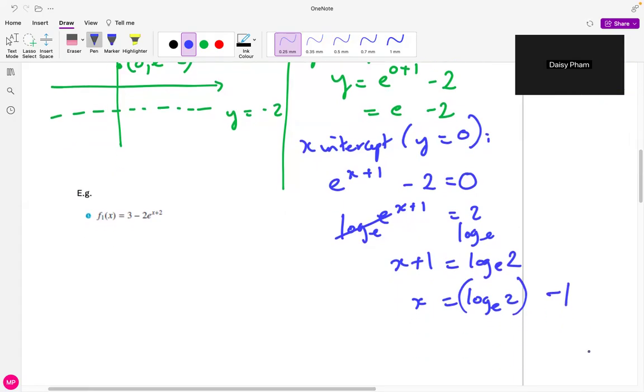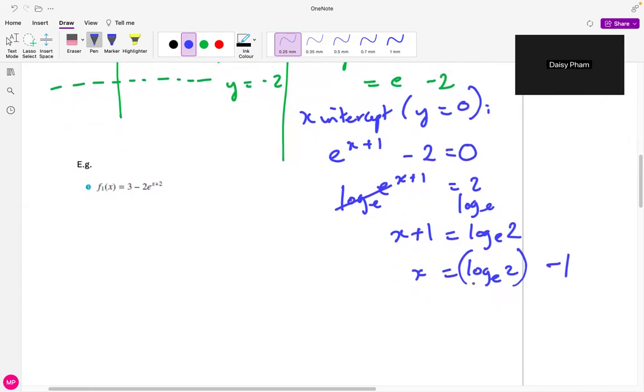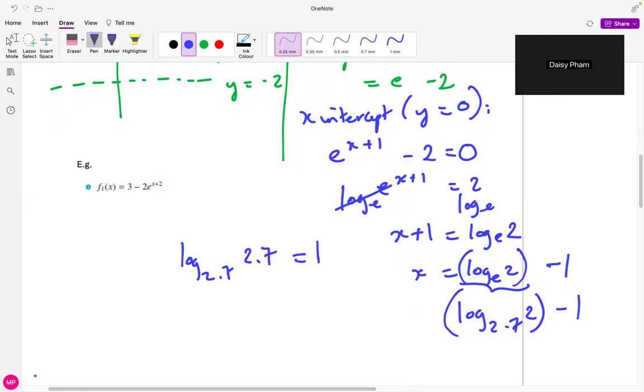If you want to know where that is roughly, think about log base 2.7 of 2. What is that actually? So think about log base 2.7 of 2.7. That gives you 1, right? Log base 2.7 of 1 will give you 0.